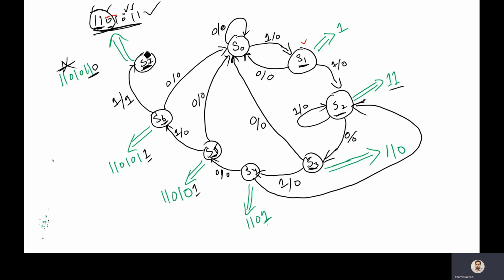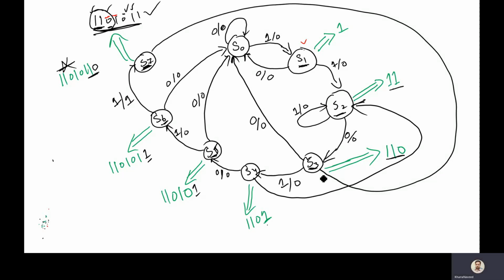So in case of 0, we need to go to state S3, that denotes detection of 1 1 0. This is how the state should transition when input is 0 and output is still 0, because now we have started to detect the sequence again, and we have detected 1 1 0, but we are still away from detecting the whole sequence, right?